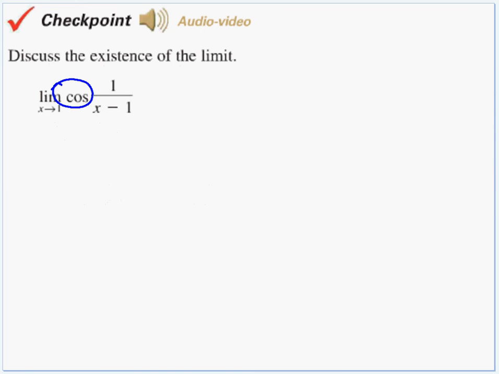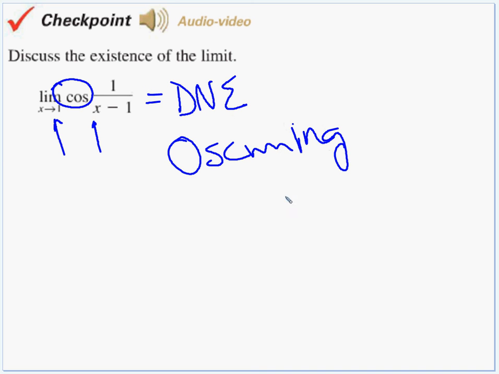But in this case, we're approaching 1, which is going to cause our division by 0 here. 1 minus 1 would be 0. It's cos, so that's going to be oscillating. We can just say it does not exist. Our limit fails to exist, and that would be due to the oscillating behavior.